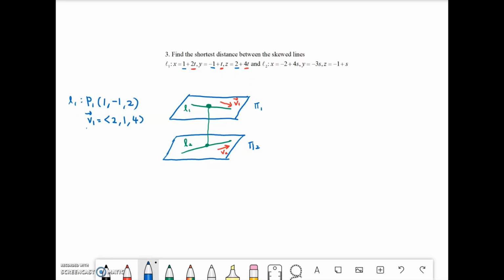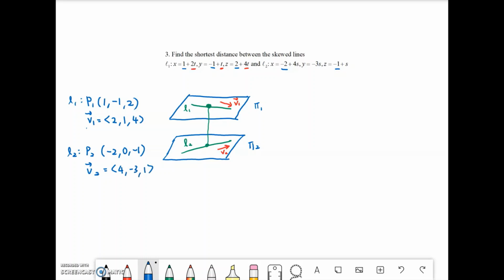So for L2, we can also identify a point that lies on line 2, which is (-2, 0, -1), and then the vector v2, which is (4, -3, 1).